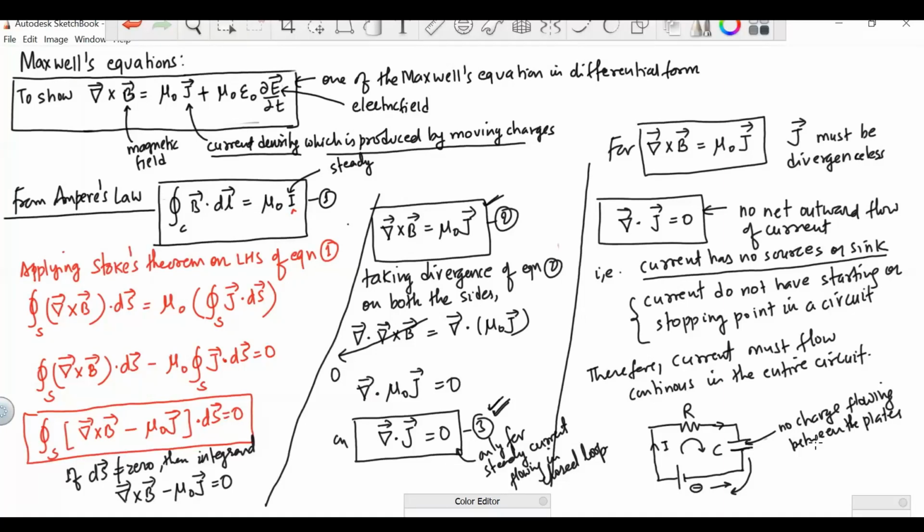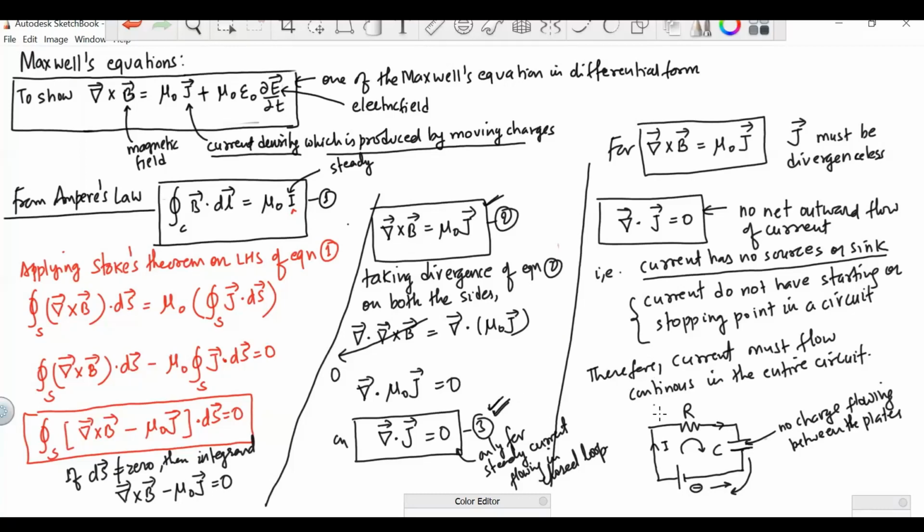But even though there is no charge flowing between the plates of the capacitor, there is a magnetic field between the plates of the capacitor. So you need to note this.